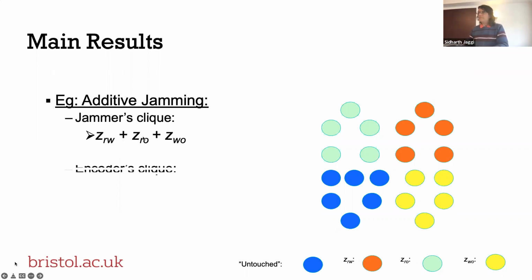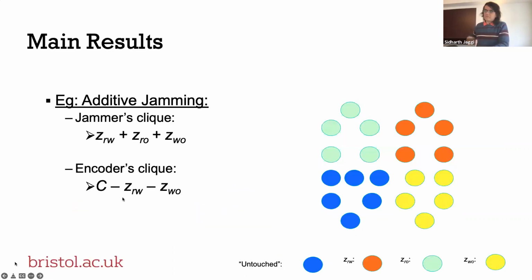On the other hand, the encoder's true clique, the uncorrupted data, corresponds to the information on the untouched links and on the read-only links, right? And the sum of the untouched links and the read-only links is precisely the overall number of servers.